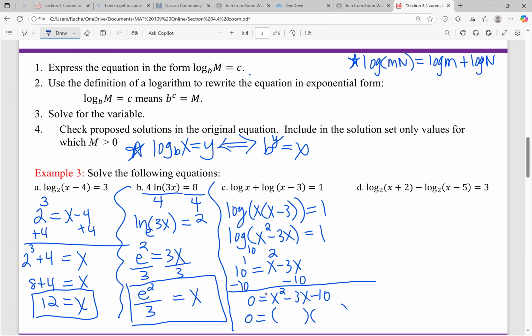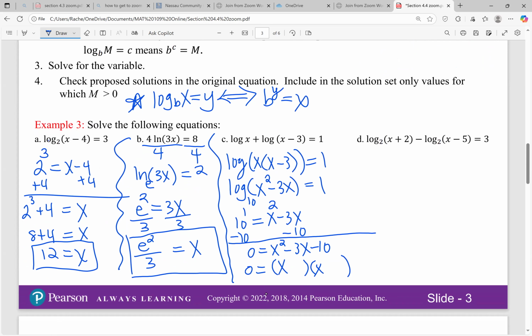Right, because we want to factor this. And it's going to be negative 5 and positive 2, right? Negative 5 times 2 is negative 10. Negative 5 plus 2 is negative 3. So now the way we solve this is set each factor equal to 0, right? So either x minus 5 equals 0 or x plus 2 equals 0. So we're going to get x equals 5 or x equals negative 2.